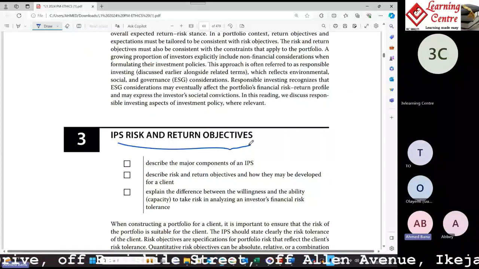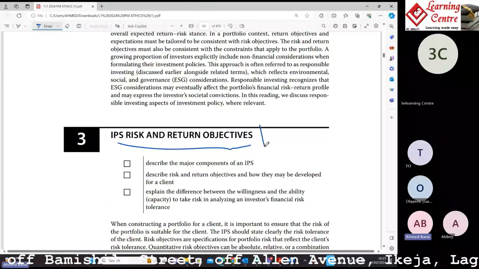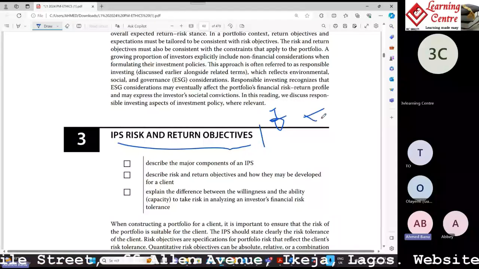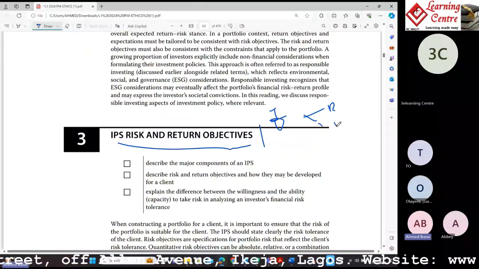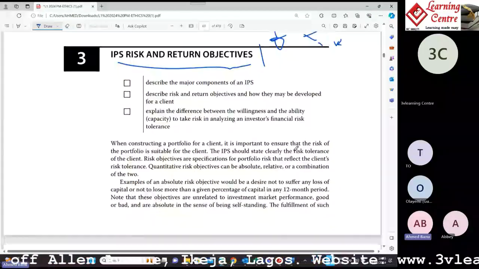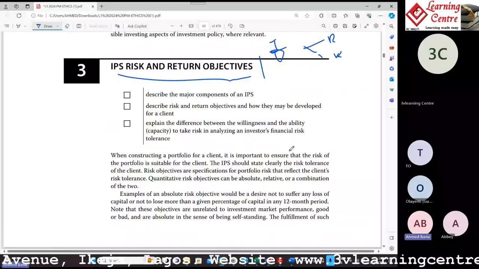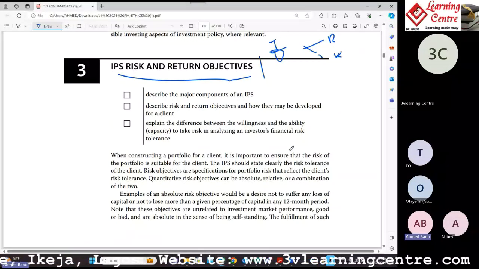Let's talk about the IPS investment objectives that we can bucket into risk objectives and return objectives. Let's start with risk, because in the world that we're in, your risk drives your return.